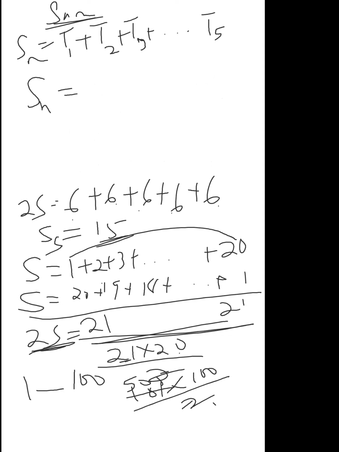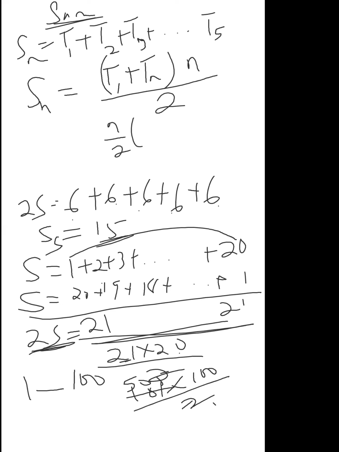The first term, T1, add it to the last term, Tn, multiply by n, the number of terms, divided by 2. So that's just the formula, as simple as it is. It's the same thing as n over 2 into bracket, T1, which we call A, the first term, plus Tn. So that's Sn. I hope that's the formula you also use.